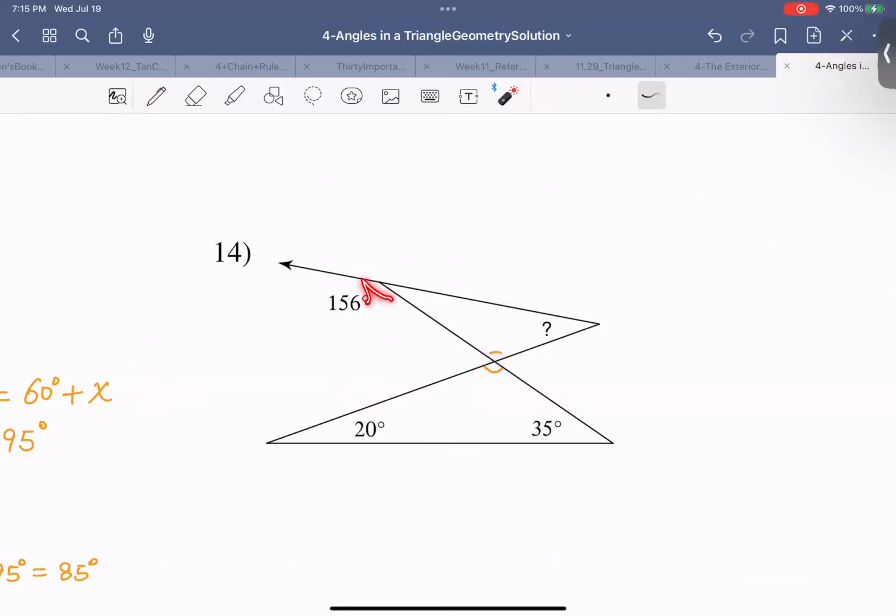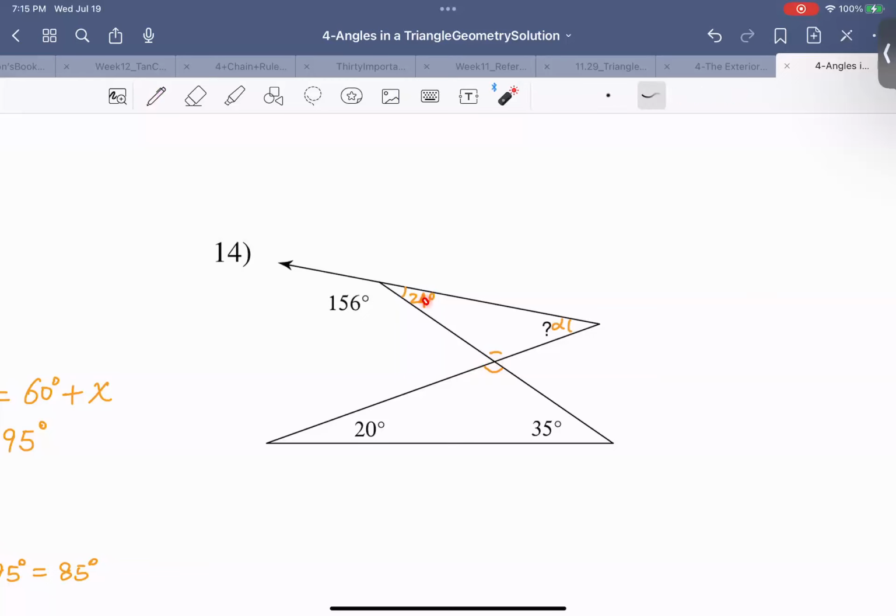Now, this is 156. So how much will this be? Linear pair. Go ahead. 180 minus 156 will be 24. This is 24. And then here you say alpha, you don't know. So what's the equation? Go ahead, please. Equation for alpha.